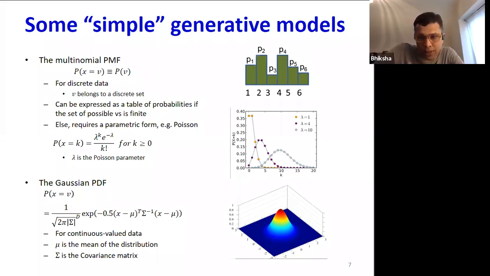Here are some examples of generative models that you are familiar with. The multinomial probability mass function, like a dice. A dice has 6 faces, and each of the 6 faces has a different probability. If I roll a dice n times, what is the probability that I will get the number 1 once, the number 2 7 times, the number 3 6 times, 4 5 times?